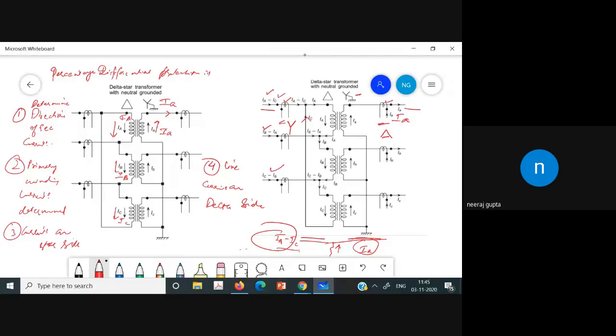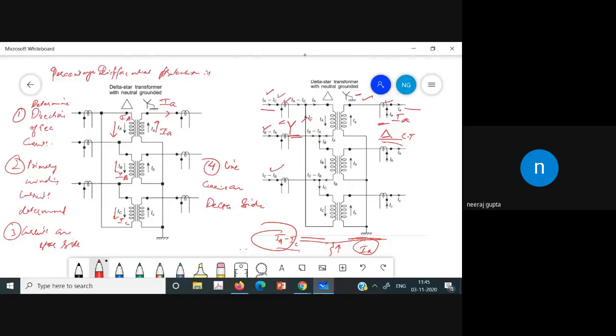So one observation can be made: if we have the star side of the transformer and the CT for the protection system connected in delta, and the delta side of the transformer with the CT connected in star, in that case the currents on both the sides would be the same and there is no spill current.